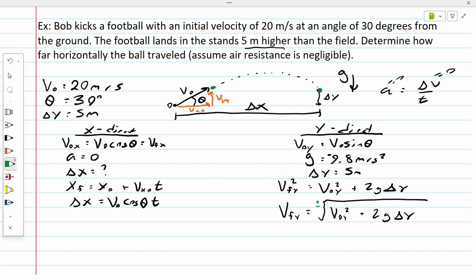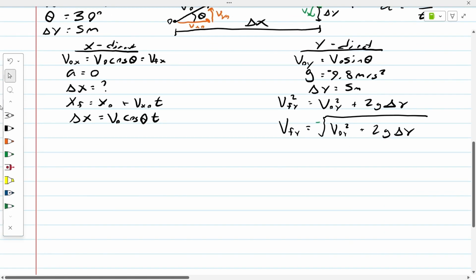When it's right here, the velocity in the y direction is still going up, but right here, the velocity in the y direction is going down. So that's why it's important that we use a negative right here on the square root. I'm going to scroll down to give a little more space.